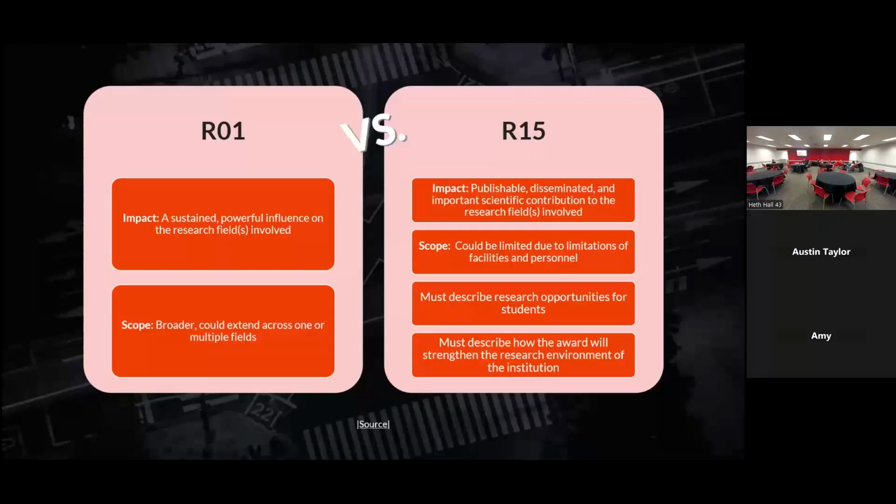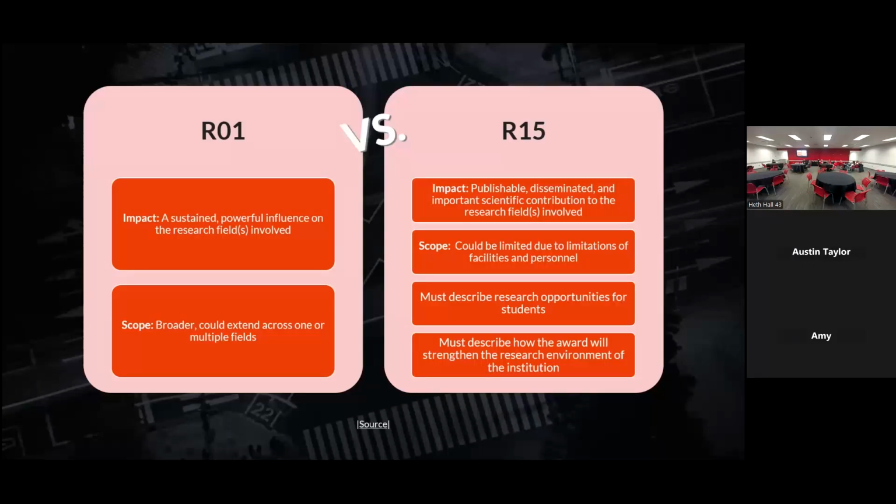And then before we talk a little bit more about the R15, I'm just going to tell you a little bit of how it differs from the R01, which is what people are most familiar with when it comes to the NIH. So on the right-hand side here, we have just some fast facts about the R15 mechanism.